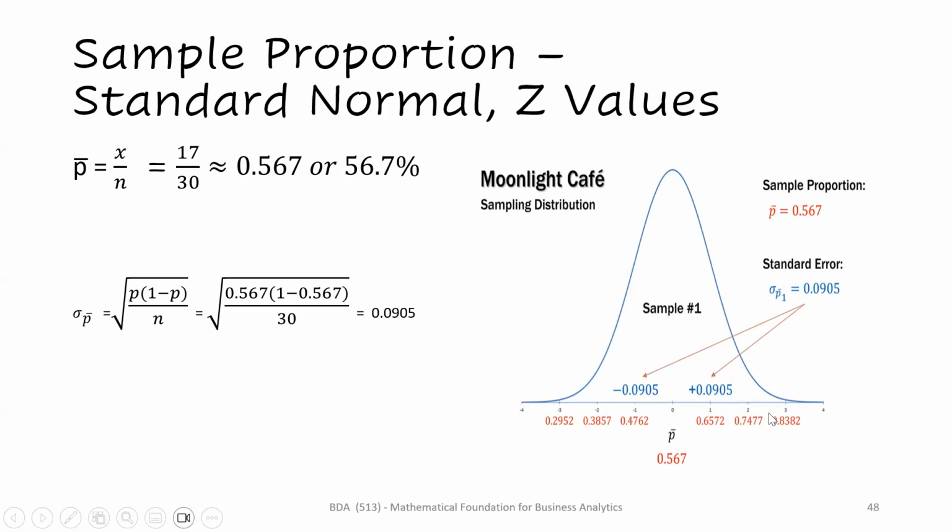So for a normally distributed curve like this, where you have 3 standard deviations within the curve, for each standard deviation it will increase by 0.0905, for each unit of standard deviation to the left or to the right. Are you okay with this? Yes, please.